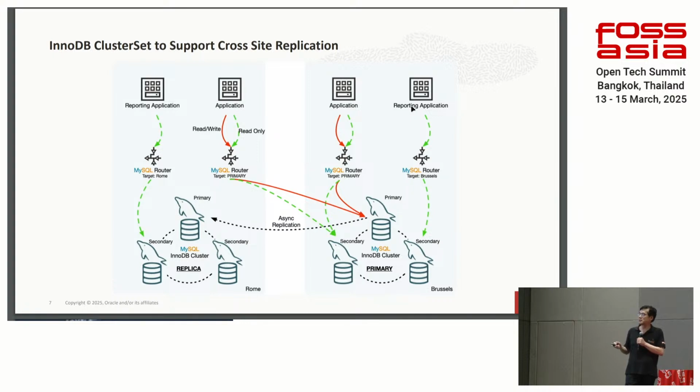The router will know that there are 6 nodes there, and there are 2 clusters, and which cluster is the primary. And if the transaction is a write transaction, the router will dispatch to the primary node of the primary cluster. And the router will also help you to do failover.